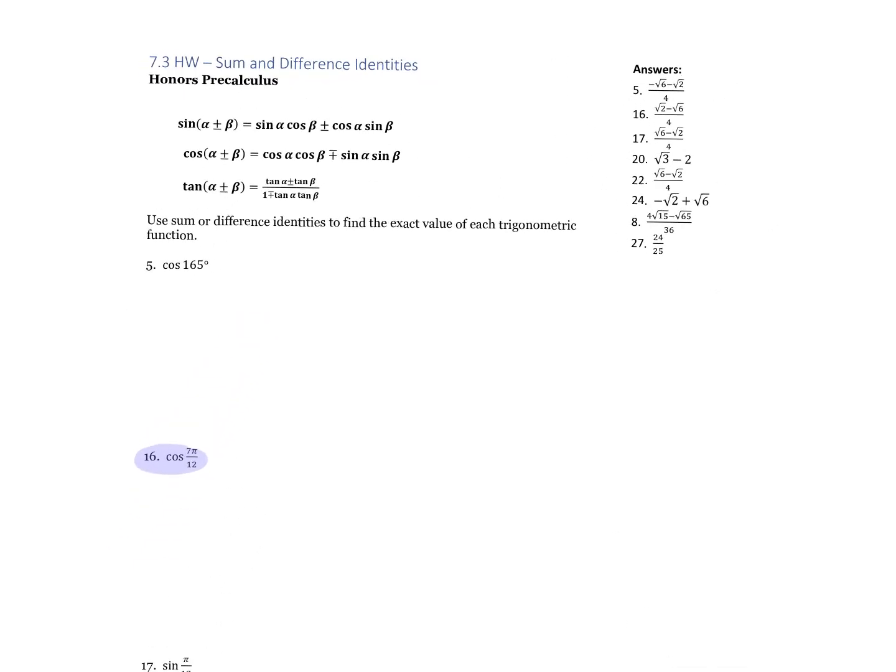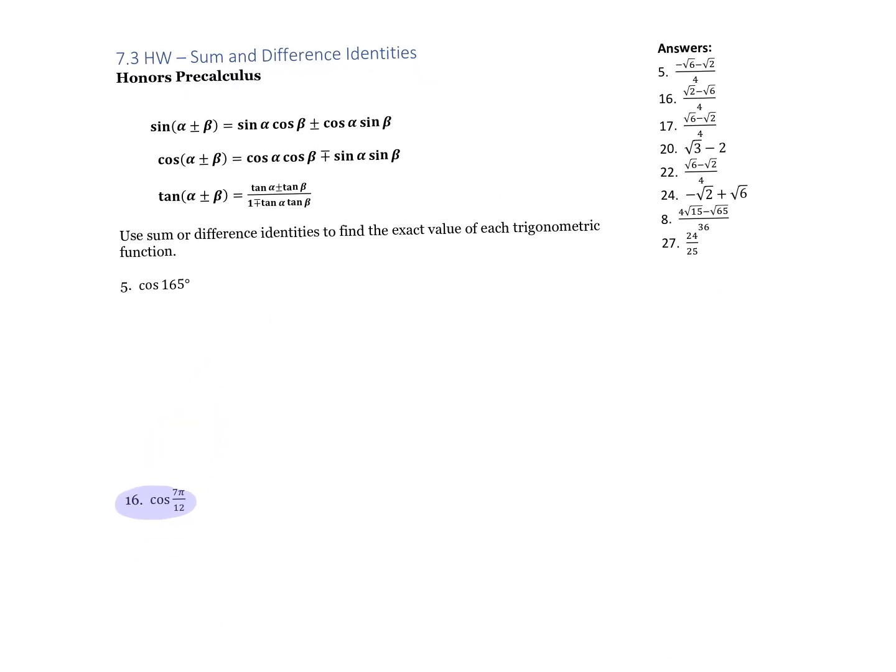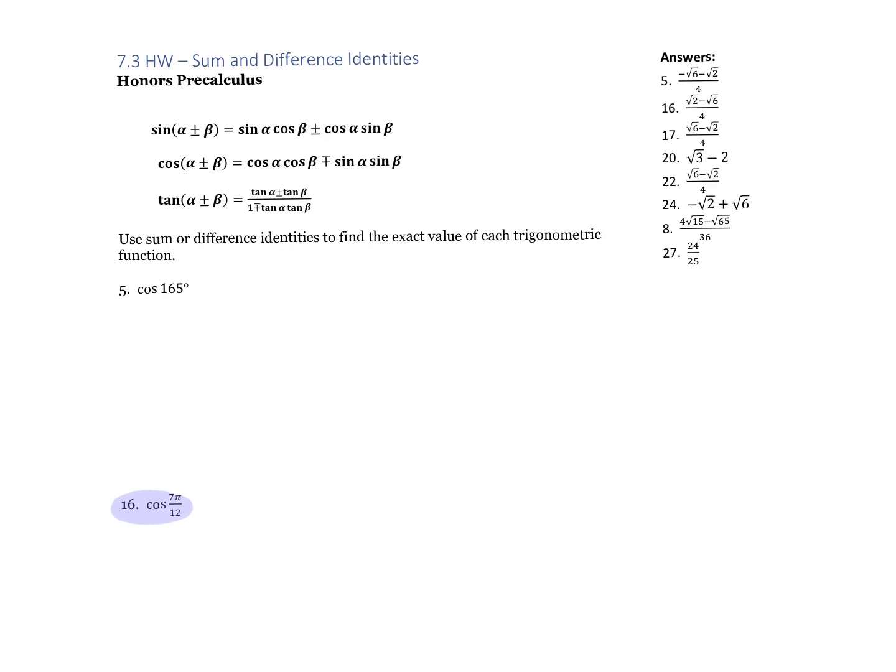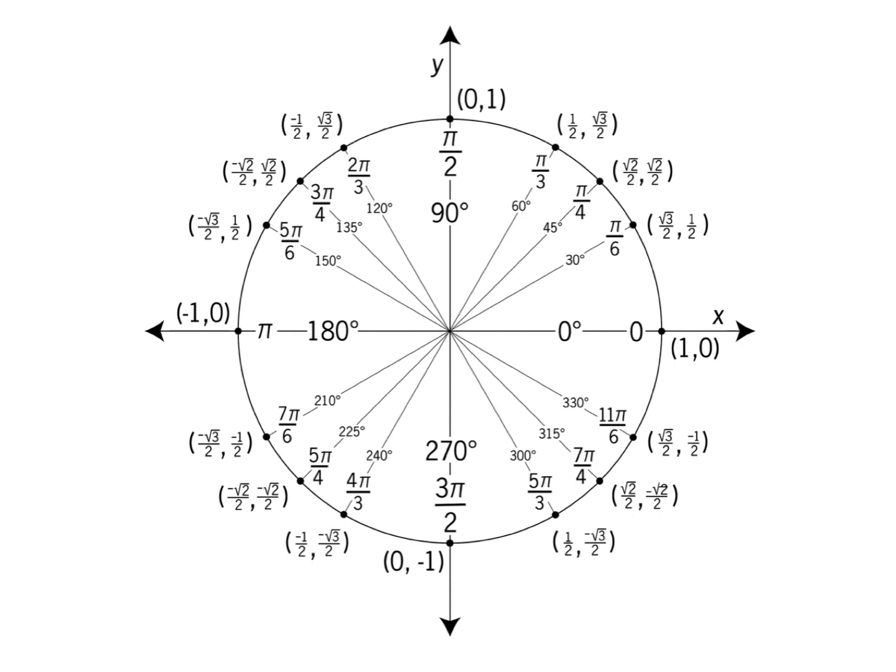All right, so we're on page 21. I want to help you with problem 16 just to get our brains moving this morning. And you agree we're going to have to use the cosine function since it said the cosine is 7 pi over 12. Cool. 7 pi over 12, correct me if I'm wrong, is not on my unit circle. 7/12 of a pi. But we have 12ths. But could we use 12ths on our unit circle?